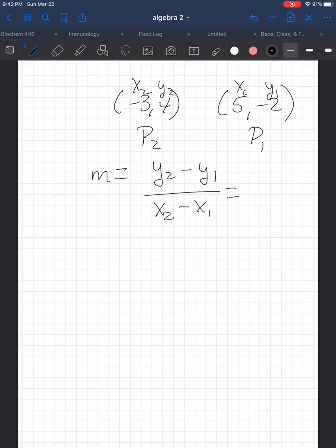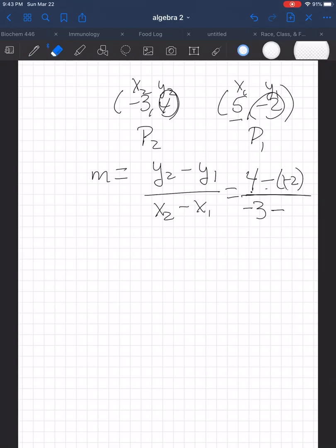And I'm going to plug these numbers in. So y2 is 4 minus y1 is -2. So it's 4 minus a -2 divided by x2 is -3 minus x1. Sorry about that. x1 is 5.